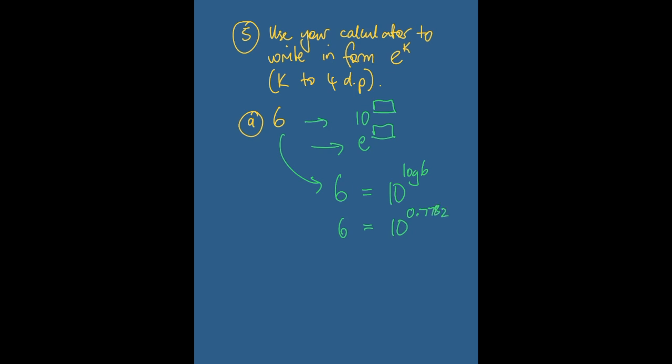Now if I go to my calculator and find out what is the natural log of 6, so I can find out that that is equal to e to the natural log of 6. Well, the natural log of 6 gives me 1.7918, and that is your answer.